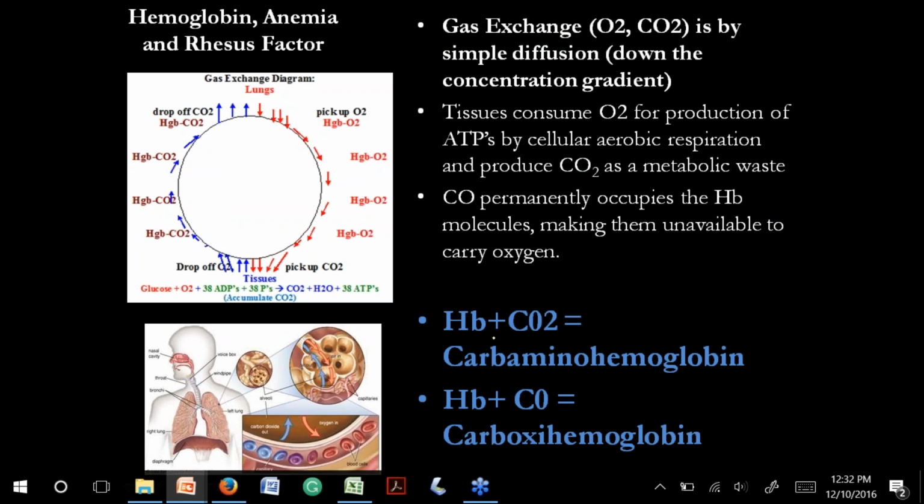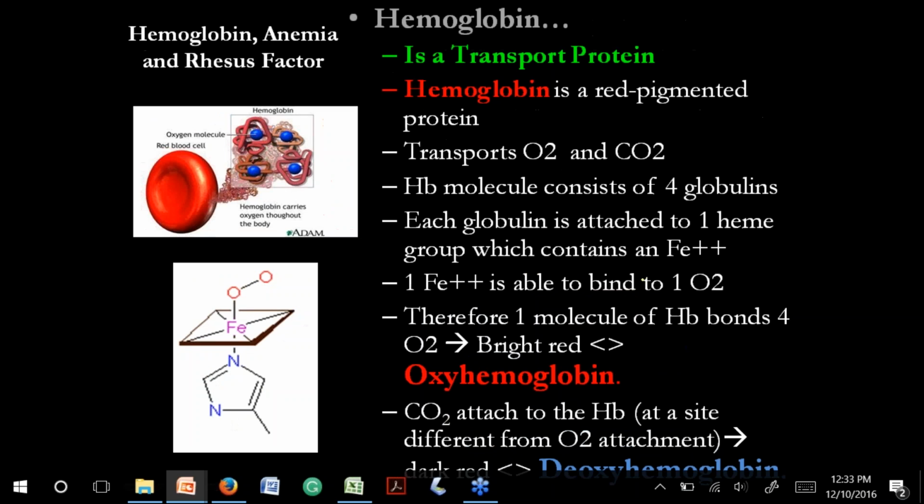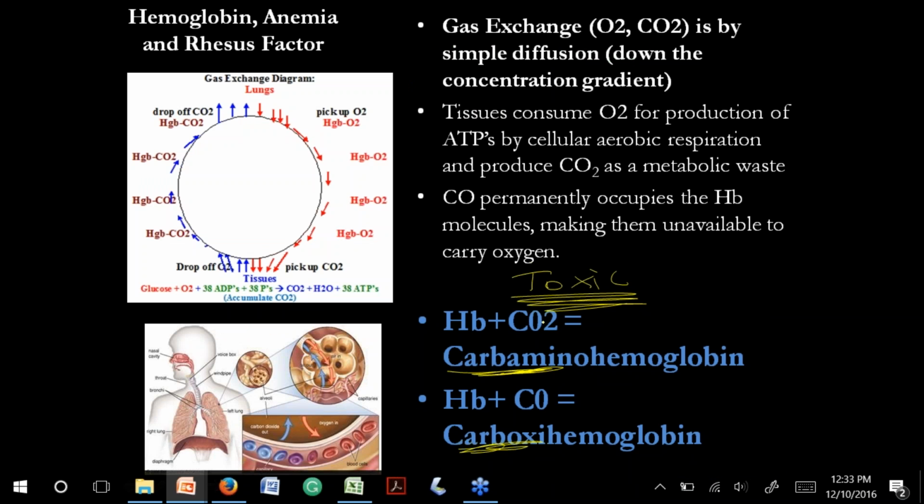All right, so hemoglobin plus carbon dioxide is carbaminohemoglobin, and hemoglobin with carbon monoxide is carboxyhemoglobin. That is when you have toxic levels. In normal hemoglobin, when they transport oxygen, it's the oxyhemoglobin, that is normal. Deoxyhemoglobin, that is normal. But when you have high levels of carbon dioxide, it is toxic carbaminohemoglobin.